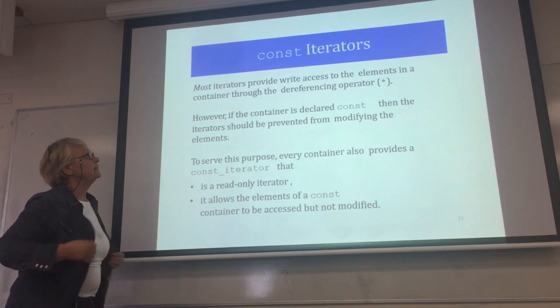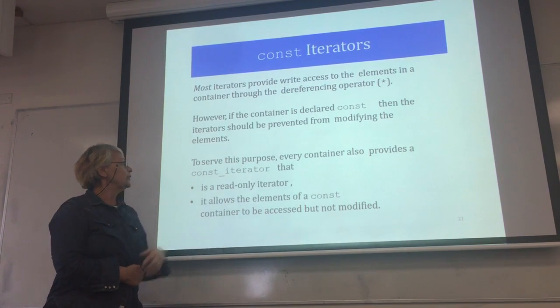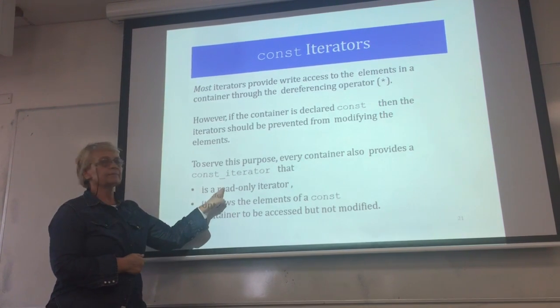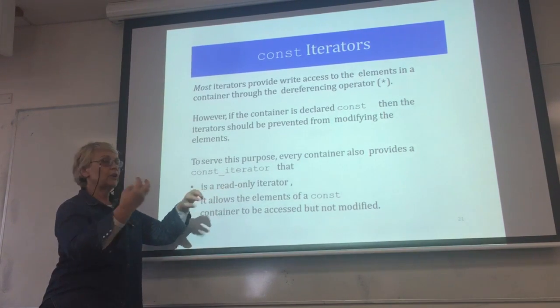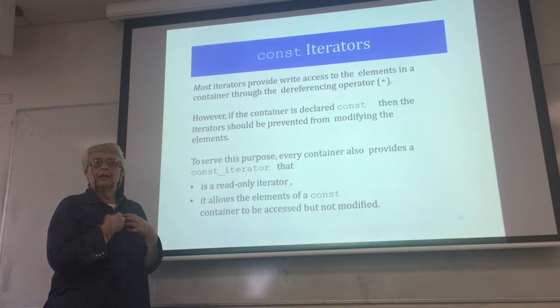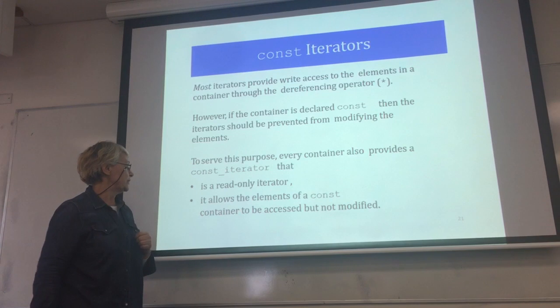Therefore, the C++ committee has introduced this constant iterator that does not allow changing data. You can dereference with that iterator, but just to copy values from there, not change values there.